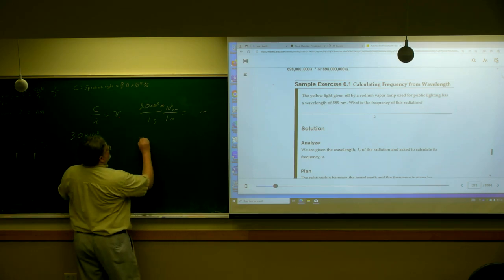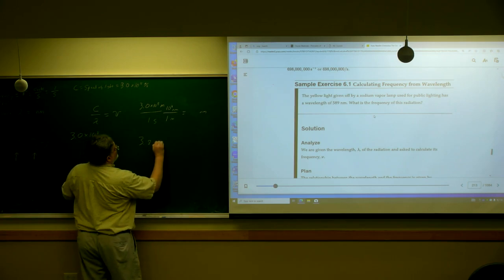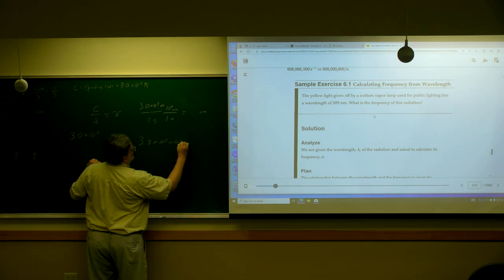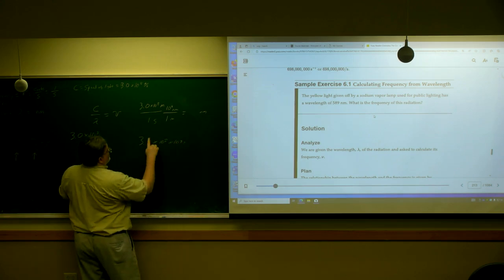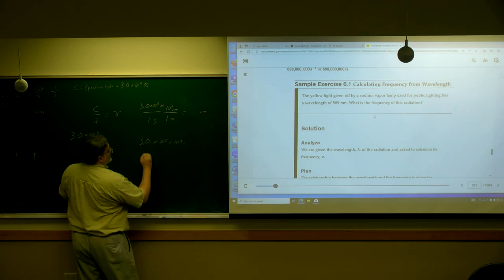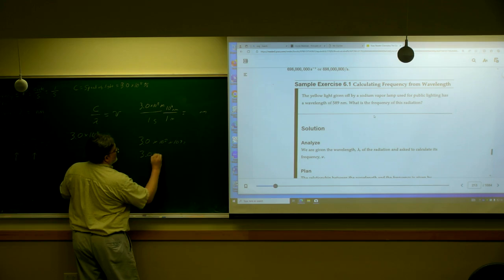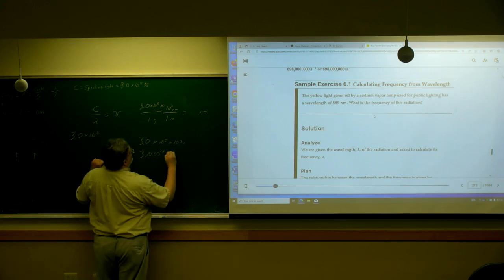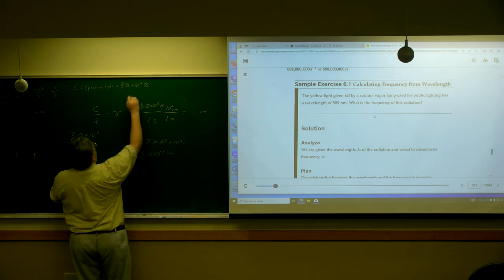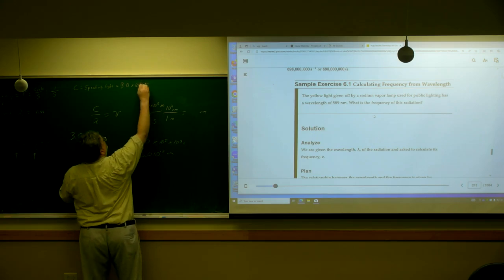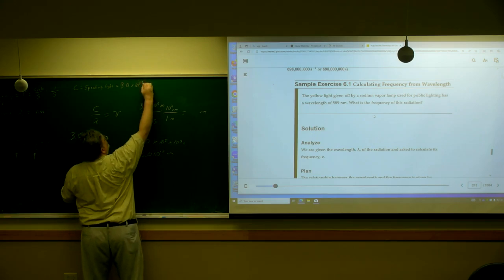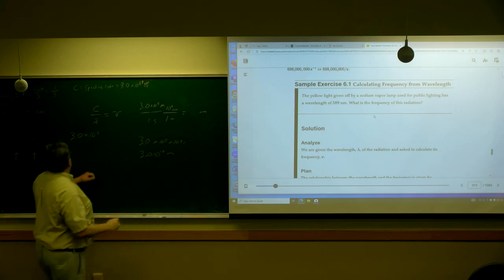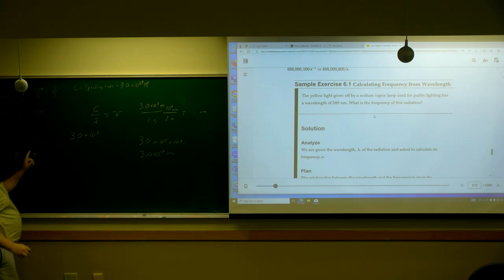So basically, 3.0 times 10 to the 17 nanometers. If I wanted to change this to nanometers, that would be 17, and now I can say nm. I need to use that because I was given this in nanometers.